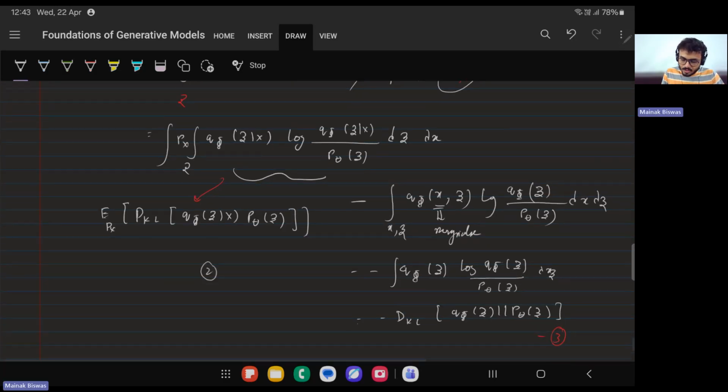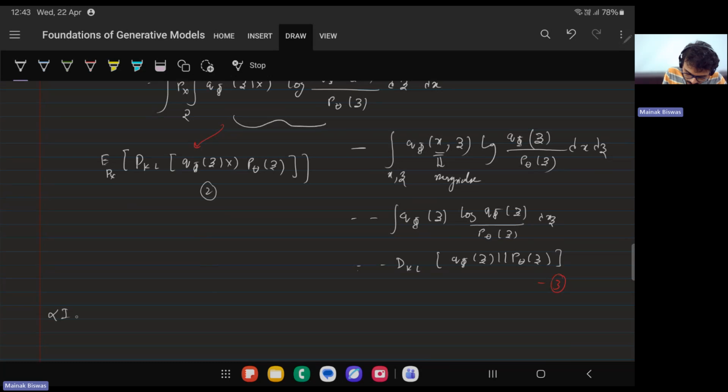So now from the mutual information, alpha times I_q of x comma z, I have shown that it is equal to alpha times the expected value over p of x of the KL divergence between q phi of z given x and the prior term, that is normal 0, 1, p of z. Whenever I write p theta of z, remember that it is equal to p of z, which is our choice.